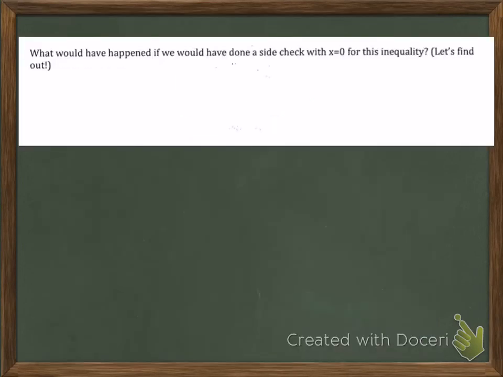So let's take a look at what would have happened if we had done a side check in the unshaded part. Like, if we had solved and we got the wrong shading and we picked something. So we're just going to let x equal 0 and plug that in. So we've got negative 4 is greater than or equal to 4 minus 0 over 2. So again, we're plugging in 0. We're looking on the wrong side of the shading.